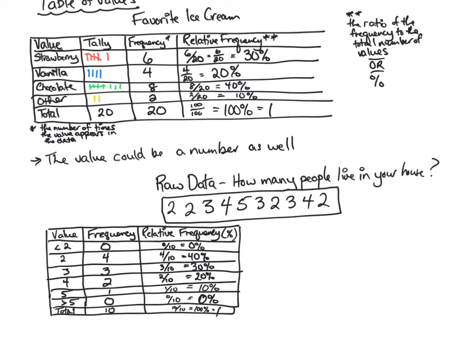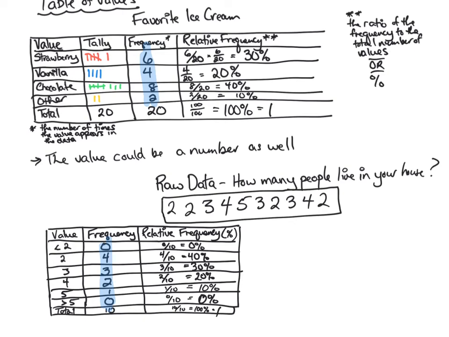Now, what's very important to notice is that what I was using when I was creating these relative frequencies was my frequency numbers. These are the same numbers, if you look at the above example, that I was using, because in the other case, I couldn't use the values because the values were words.